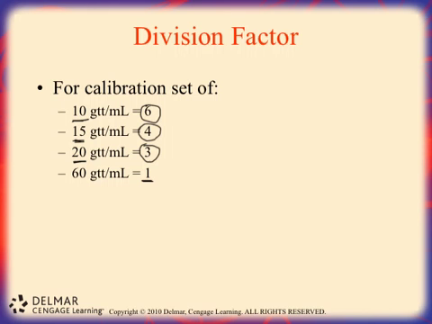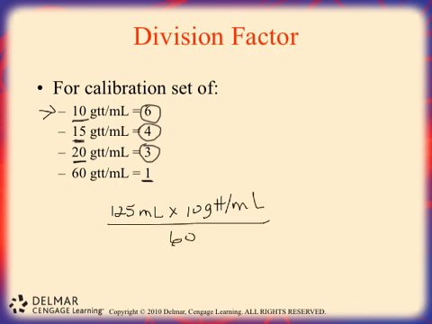So using the formula method, we had 125 milliliters to infuse over an hour. So let's put this out here. If we are using the 10 drops per milliliter, which we did in the last two examples, we would have 125 milliliters times 10 drops per milliliter over 60. And so what do we do here?